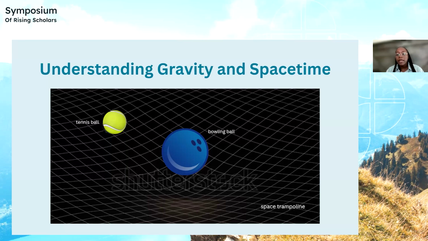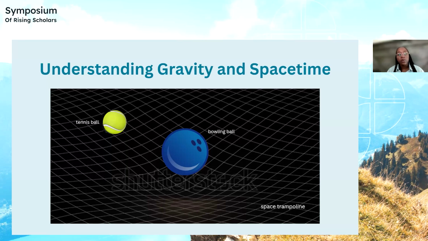Basically, if the bowling ball is placed on the trampoline, then it will make a large dent, a large depression, because of its heavy mass. If you place a tennis ball on that same trampoline, it would also make a dent, but not a large dent because it has a smaller mass than the bowling ball.